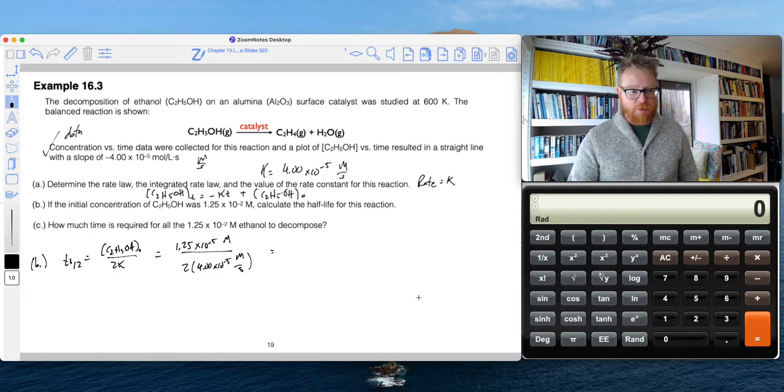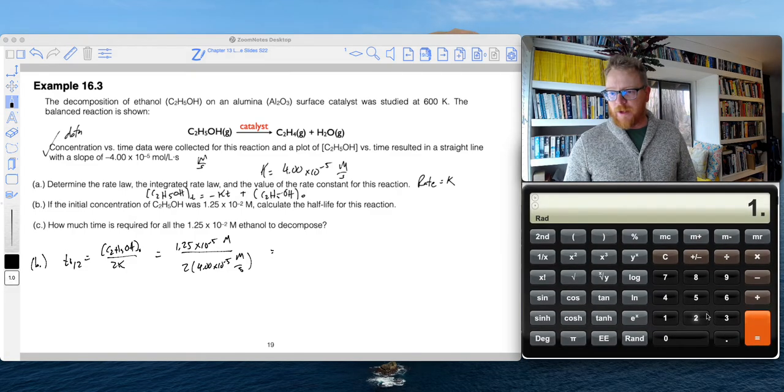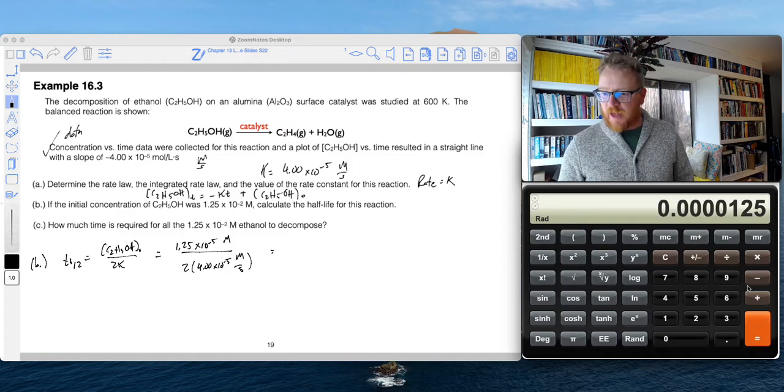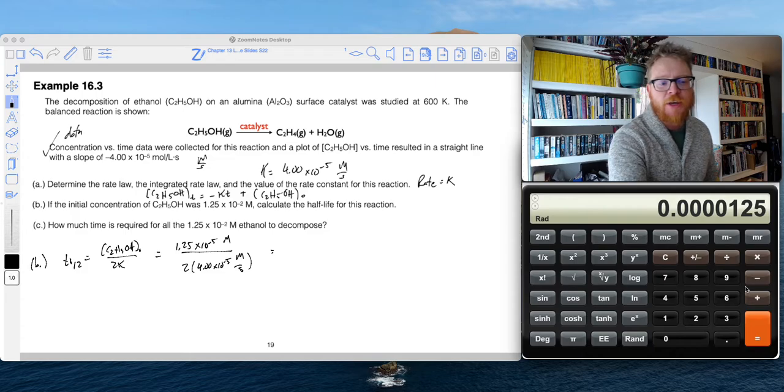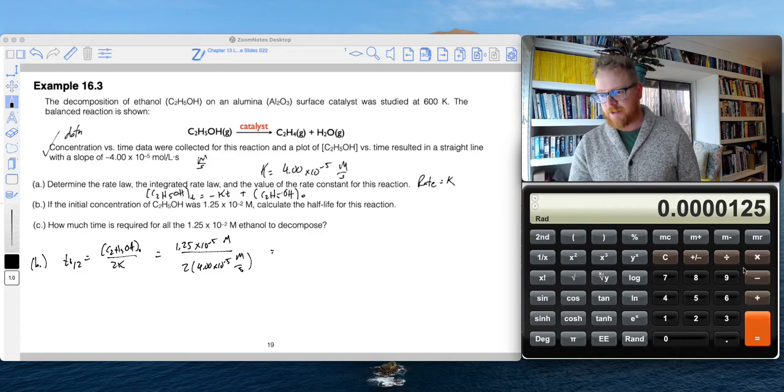So this math should be pretty straightforward. We're going to say 1.25 times 10 to the -5th. Okay, good. And I'm going to just do the multiplication in my head. 2 times 4 times 10 to the -5th is 8 times 10 to the -5th.